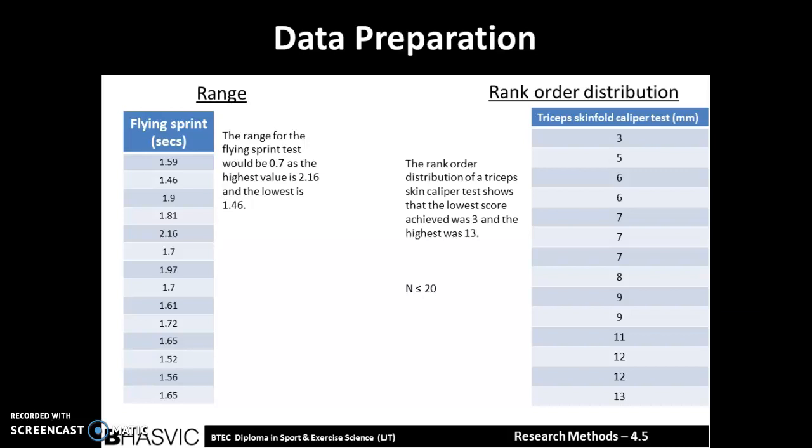The only time rank order distribution would be used is when the number of participants is less than or equal to 20. So the rank order distribution of the triceps skin fold caliper test shows that the lowest score achieved was 3 and the highest was 13, and the amount of values was less than or equal to 20.